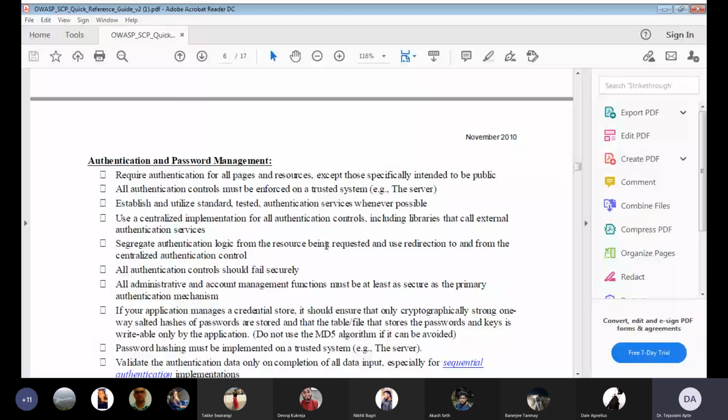So Tanmay, let me create a base for your question with these two points, as well as segregating authentication logic from the resource being requested, and using redirection to and from the centralized authentication control.